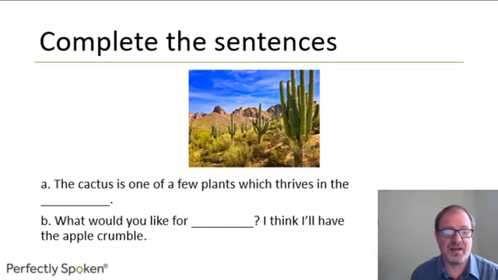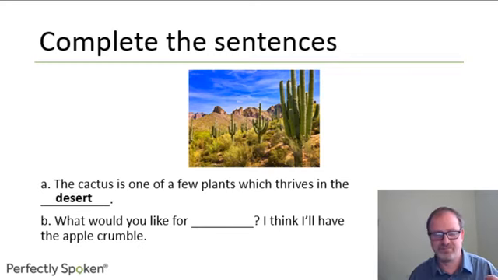I think I'll have the apple crumble. Apple crumble is like you take apple and you boil it with sugar and then it's coated with sort of breadcrumb type coating. It's very traditional, at least in the UK. So the first one, obviously, is the cactus grows in the desert. And what would you like for dessert, for pudding? I think I'll have the apple crumble.